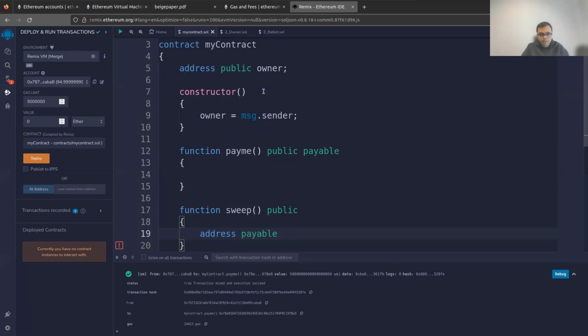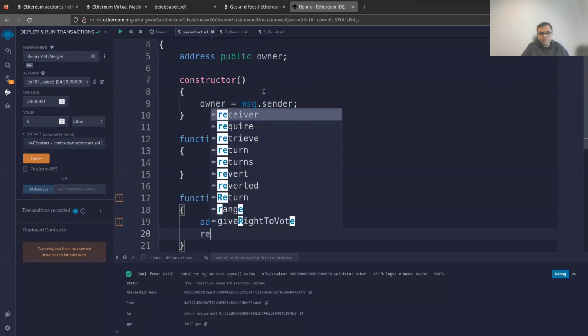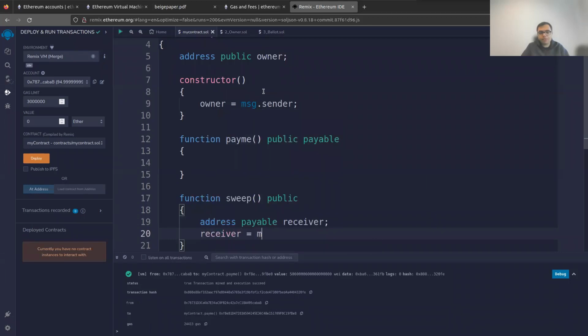So I can create an address payable, and let's say I call it receiver. And I'm going to say receiver is going to be the person who called this function. So msg.sender. But I have to convert the type to payable.